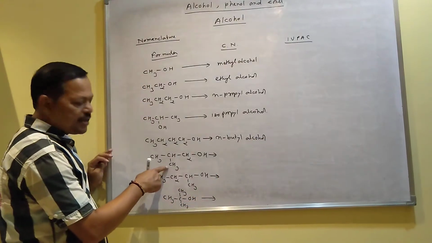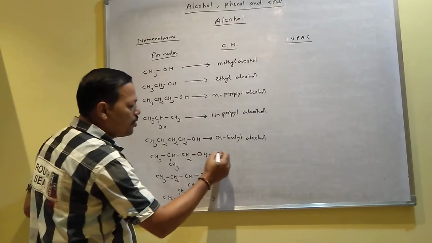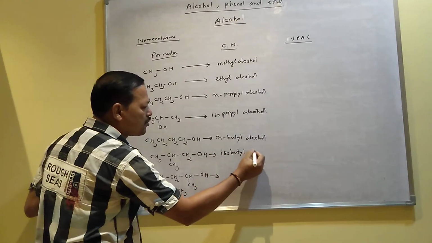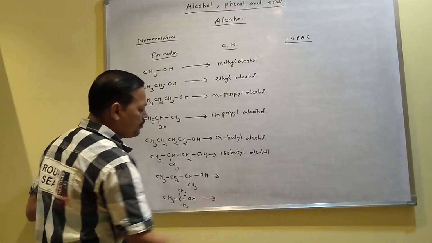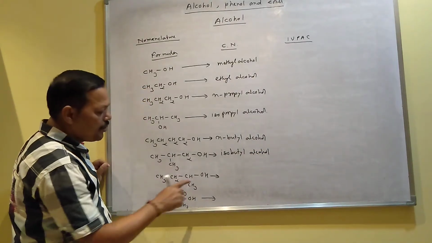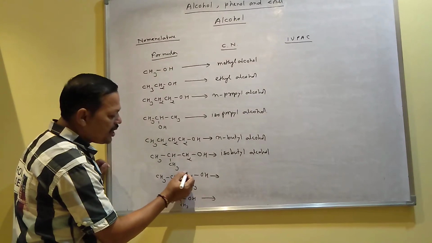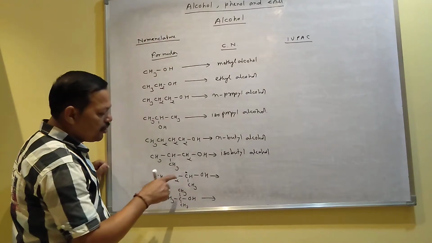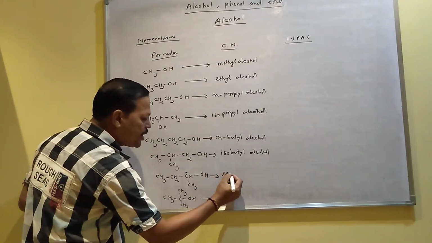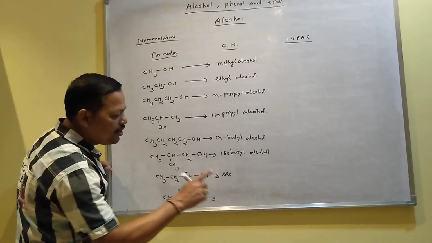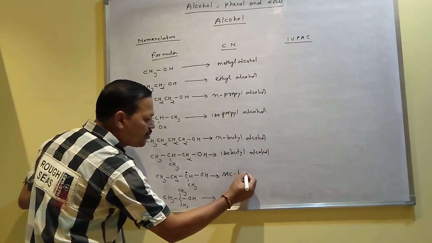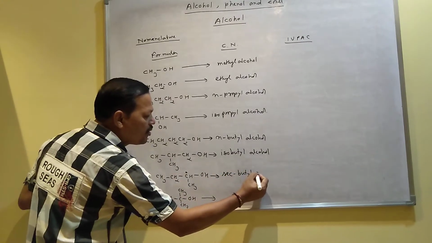This one contains branching. That's why it is called isobutyl alcohol, like propyl. And this one also contains branching, but the OH containing carbon is secondary carbon. Due to presence of secondary carbon, it is called secondary butyl. Secondary, you can write 2 degree also, you can write SEC also in short form, secondary butyl alcohol.